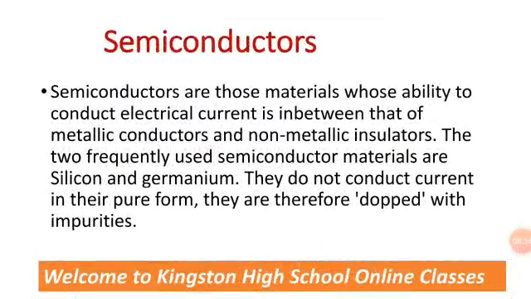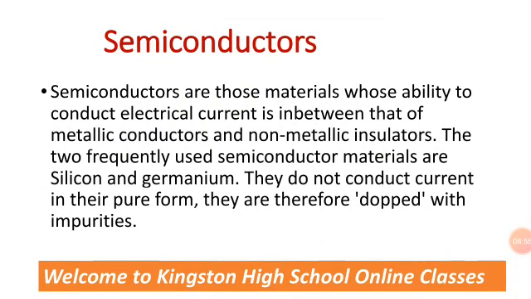Now we have semiconductors. Semiconductors are the second electronic components we'll be talking about. Semiconductors are those materials whose ability to conduct electrical current is in between that of metallic conductors and non-metallic conductors. What do we mean by that?